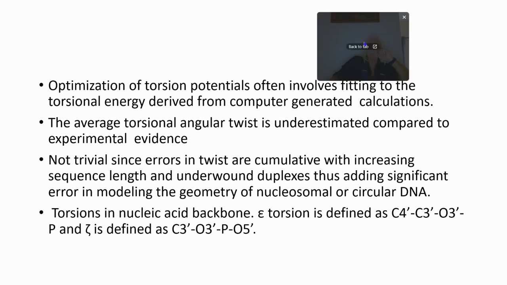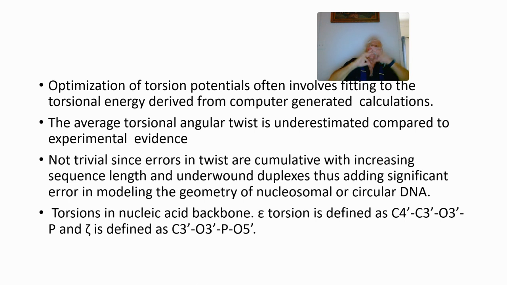So, optimization of torsion potentials involves fitting the torsion energy from a computer-generated calculation. So the average torsional angular twist is often underestimated. You can understand those torsion angles are going to be involved in twisting that DNA around those axes.